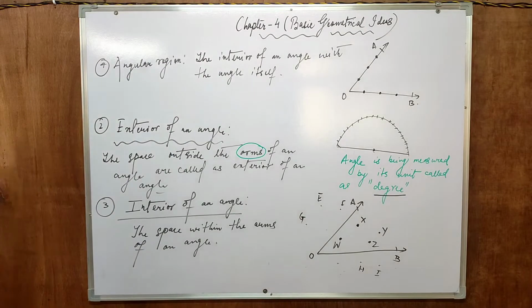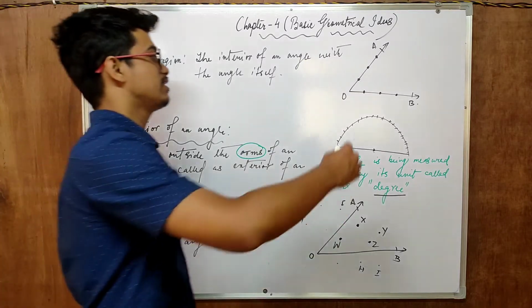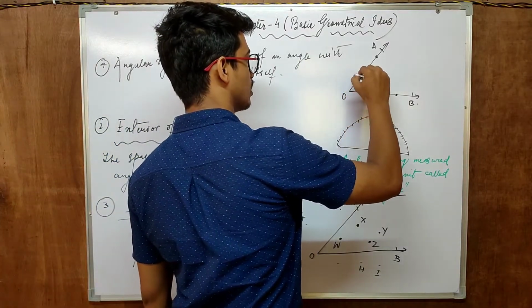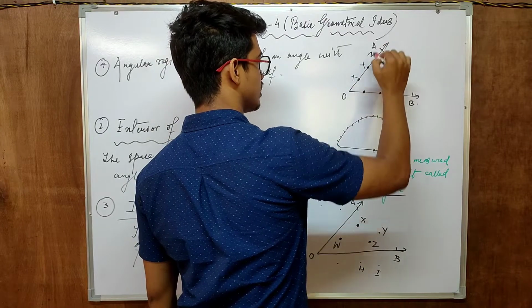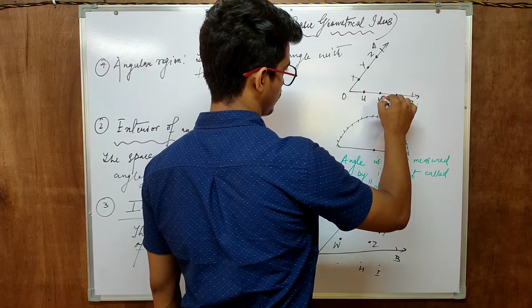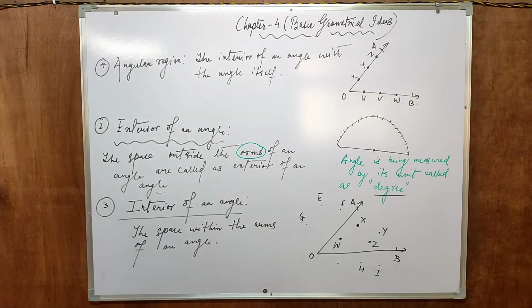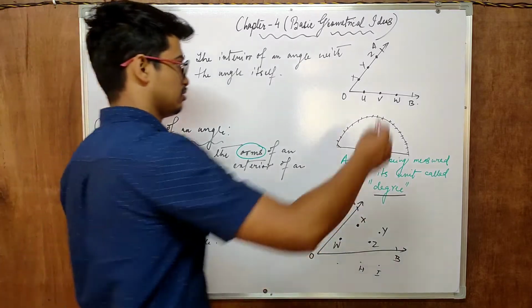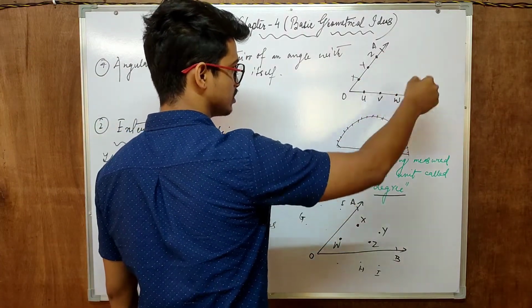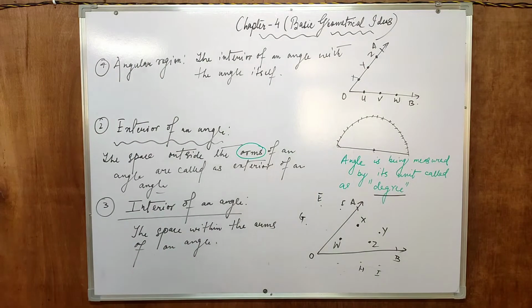Let's say X, Y, Z and U, V, W. So these points are called angular points, and this region which is being covered is called the angular region. Is it clear to all of you?